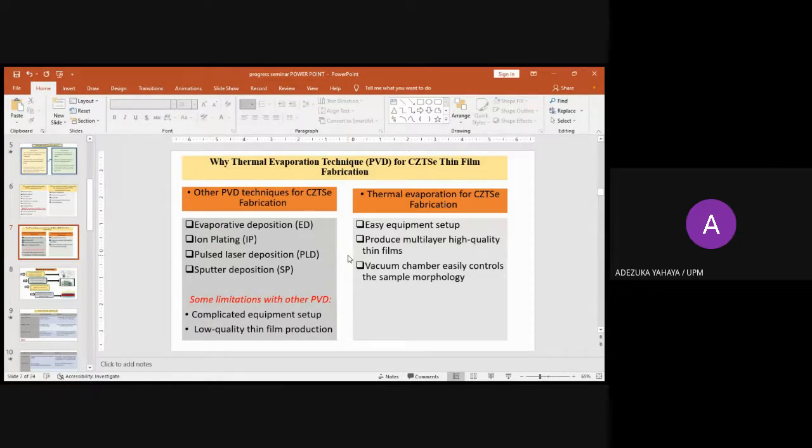Some of these have complicated equipment setup and low quality thin film production. For thermal evaporation, it has an easy equipment setup. It produces multiple layer high quality thin films, and the vacuum chamber can easily control the sample morphology.